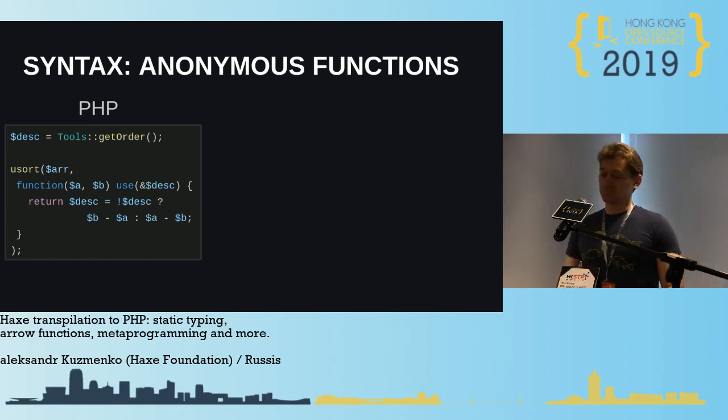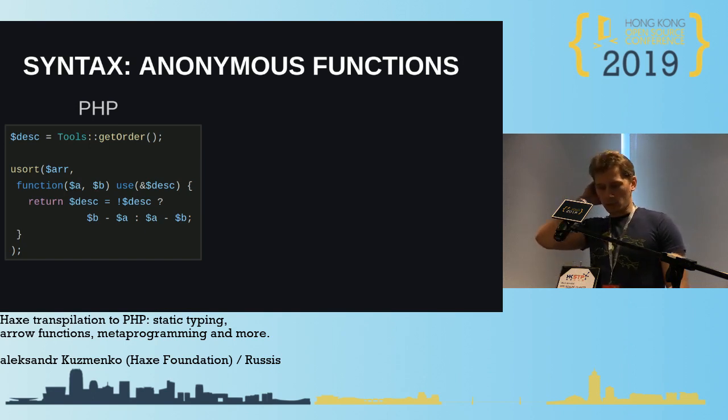This is somewhat of a nonsensical example, it makes no sense in the real world, but it allows me to demonstrate the possibilities of Haxe syntax. So here's the anonymous function, which captures the outer local variable desc and modifies that variable inside of an anonymous function.